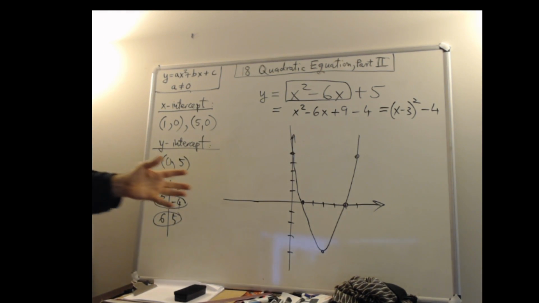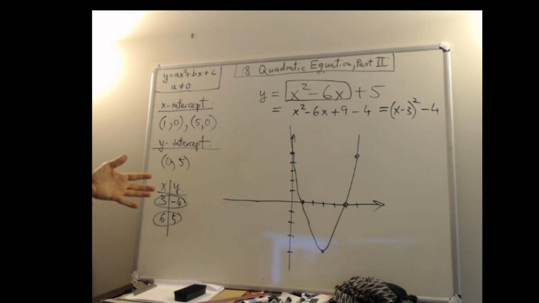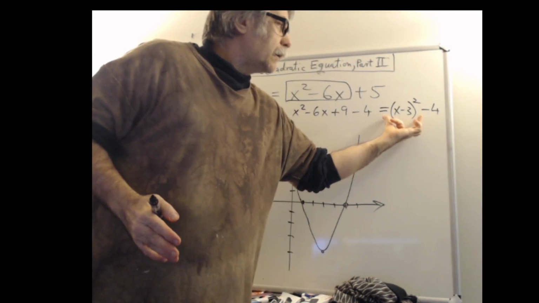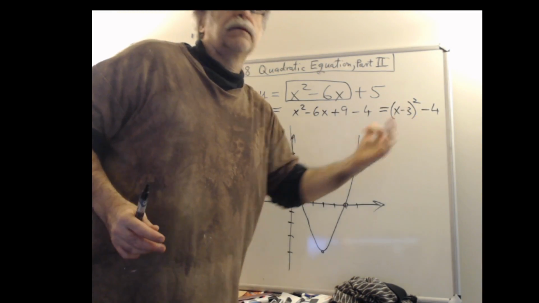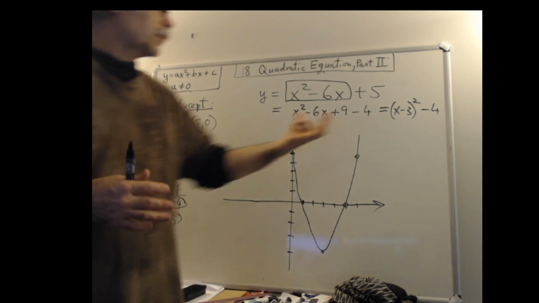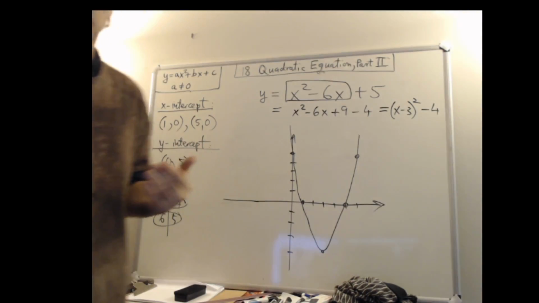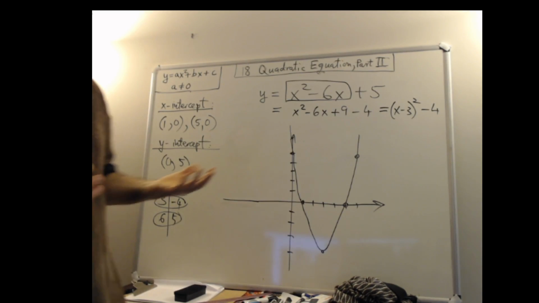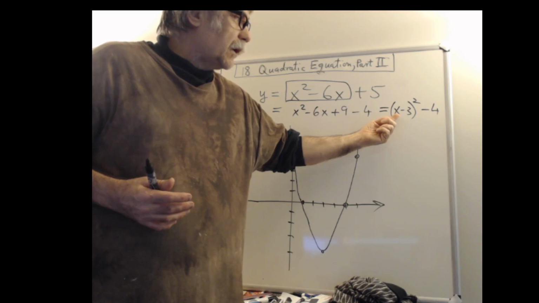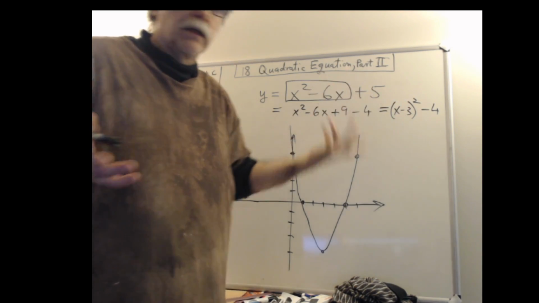So you might wonder, why do I need this? Well, it's easy. The story is that this could never be anything less than 0. The smallest number you can get here is 0. When x is 3, you get 3 minus 3 squared, you get 0.